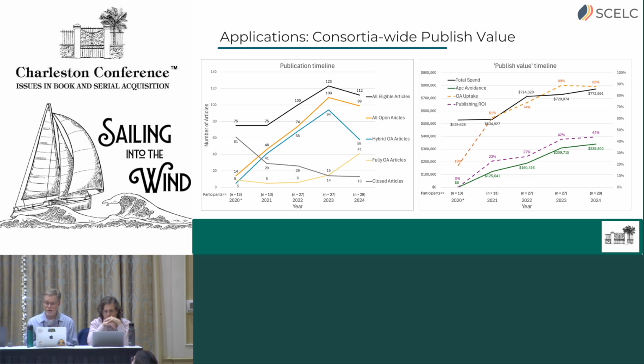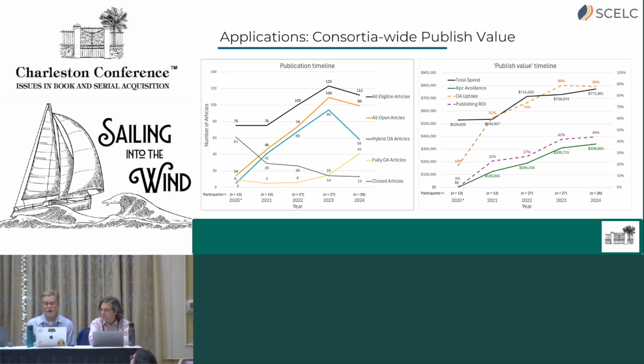Throughout the 4-year history of the agreement, the number of closed articles, shown there in gray, the only line really going down consistently, is decreasing every year. And so this really shows that open article publishing is actually replacing closed article publishing for Skelk institutions for this publisher.